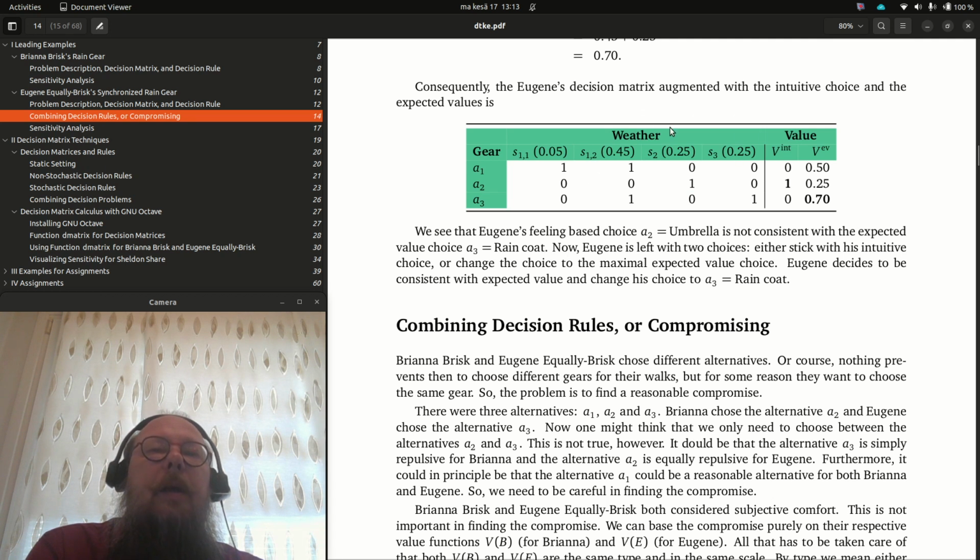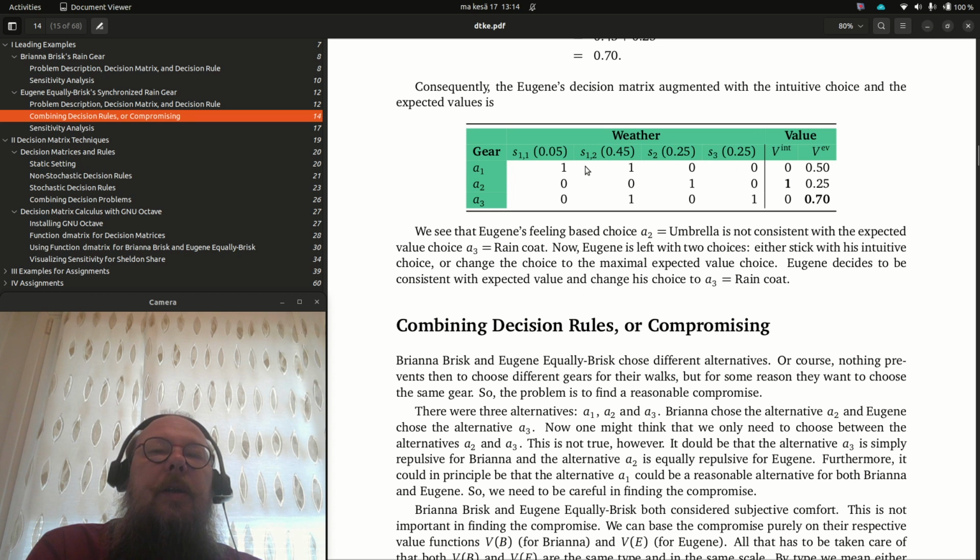And combining this to a decision matrix, this here tells all the story that we have had so far. So here's the gear A1, A2 and A3. Again, I use the abbreviations because otherwise this would be too wide to fit into this page. Then I have scenarios S11, and in the parentheses here I have the probabilities, S12 and its probability, S2 its probability and S3 its probability.